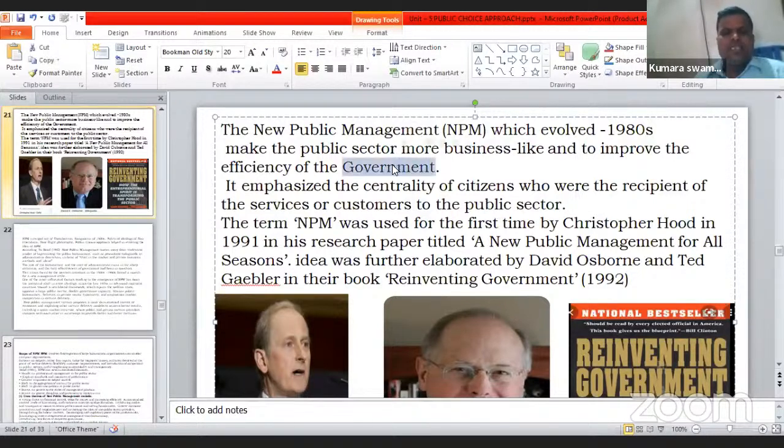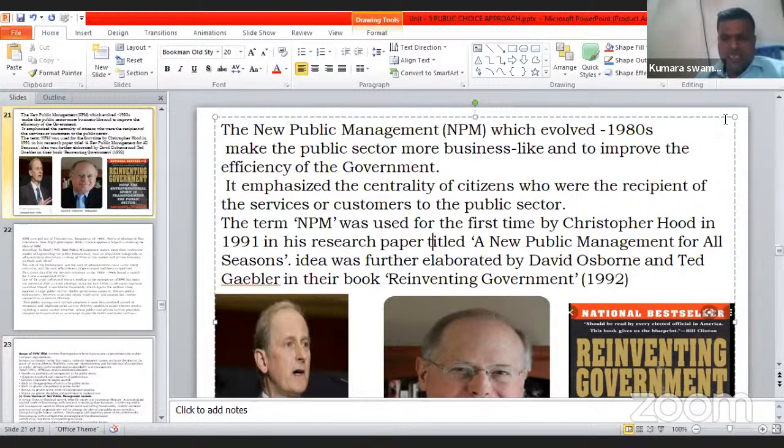The main motto of NPM is to increase the efficiency of the government. It emphasizes citizen focus and client-oriented administration. The term was first used by Christopher Hood, and it was further developed by David Osborne and Ted Gaebler in their book.